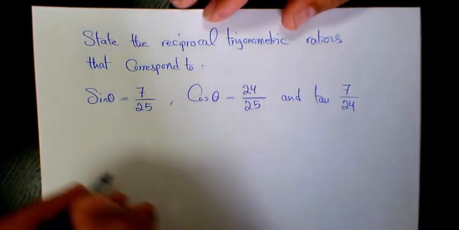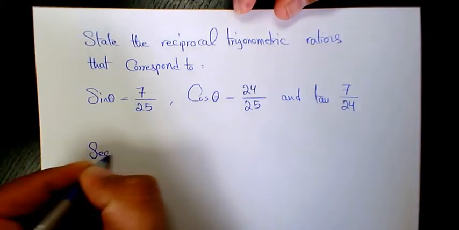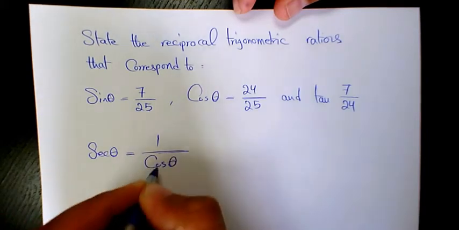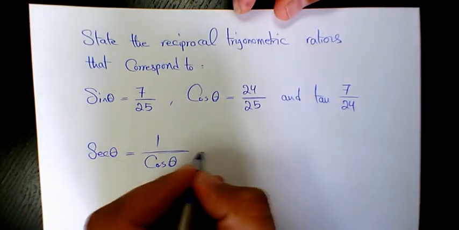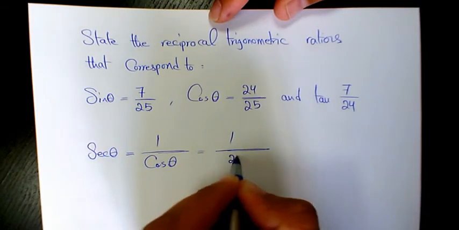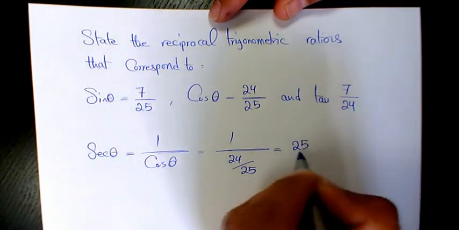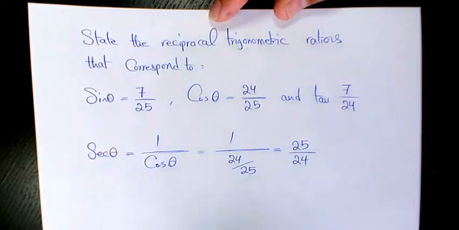So first of all, I need to write, for example, secant theta. Secant is the inverse of cosine, which is 1 over cosine. So it's 1 over 24 over 25, which is going to be 25 over 24.